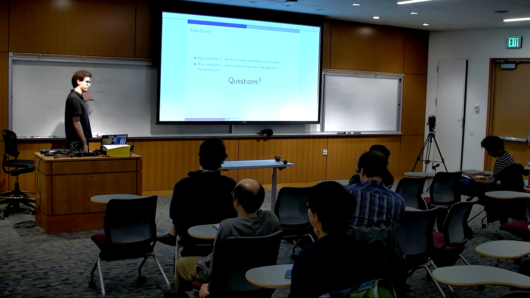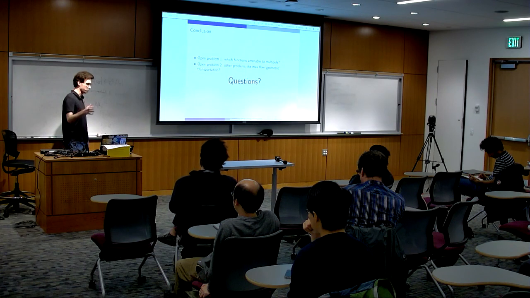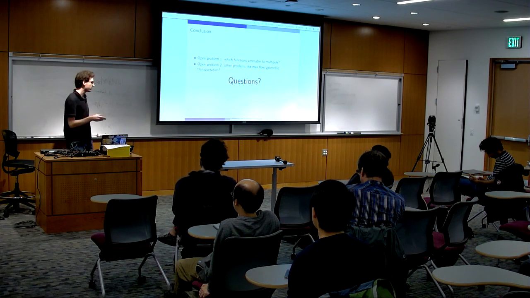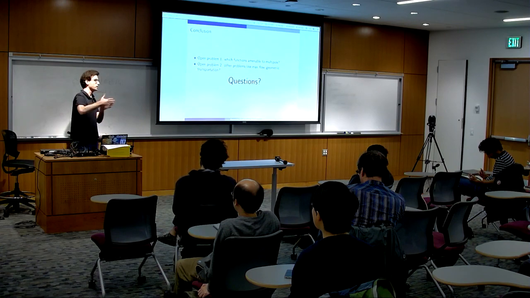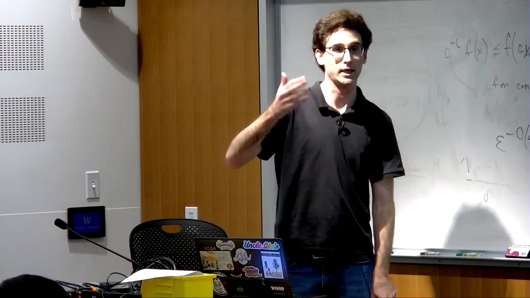No. Essentially this reduction that we have here allows you to show that if you have access to a multiplier for your function, you can access just the polynomial truncated at the t-th order.